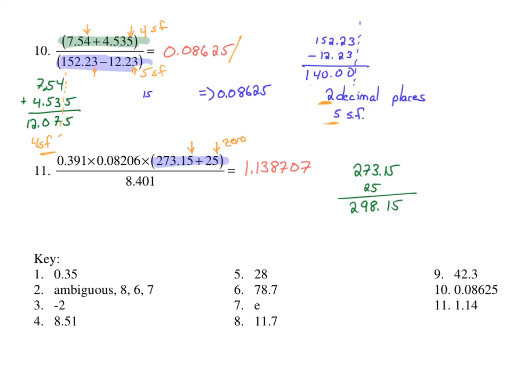So this intermediate result will have 0 decimal places, and this results in 3 sig figs. So we have a number with 3 sig figs multiplied by a number with 4 sig figs. This result has 3 sig figs, and in the denominator, 4 sig figs. So our least number of sig figs is 3. Our final answer should have 3 sig figs, and we report our final answer correctly as 1.14.